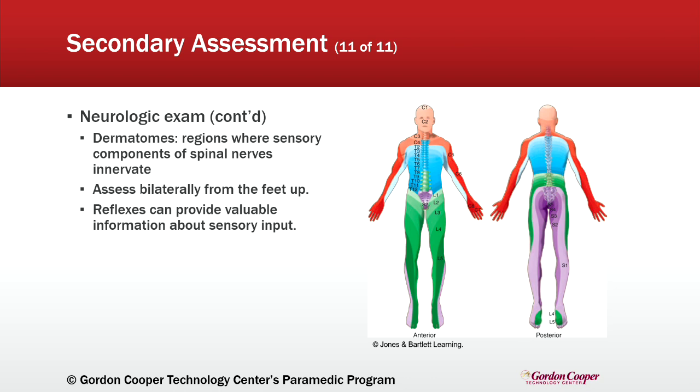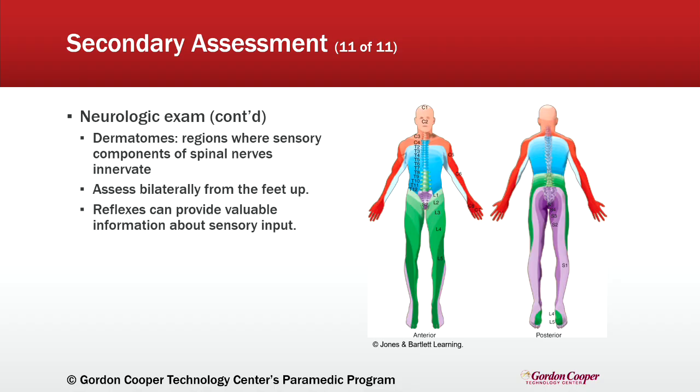Of course, dermatomes are another area we can look at, and these are regions where the sensory components of the spinal nerves supply specific areas of the body's surface. You should test for any general loss of sensation and ask about abnormal sensations like pins and needles, electric shocks, or a hypersensitivity to touch that they may be feeling.